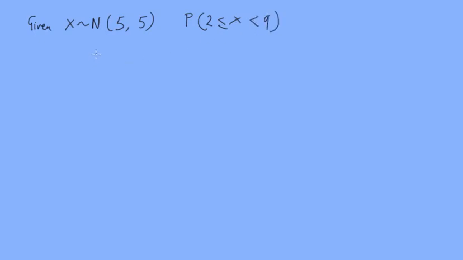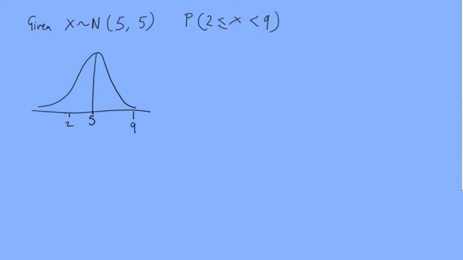So let's just draw this here. This is not the y-axis, because this is the value of 5. This is where the mean is. This is our mean. And we want it between 2 and 9.